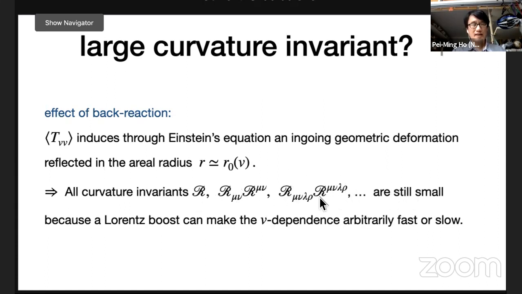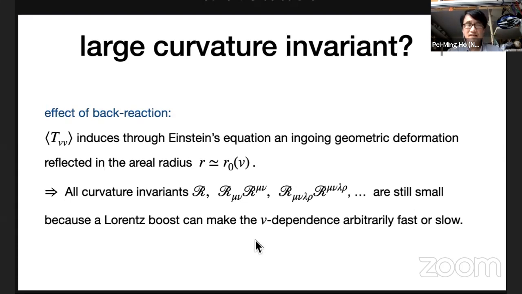If you check explicitly, even including the higher order terms in the C expansion, all these curvature invariants are still small. They still give you the characteristic length scale of the Schwarzschild radius.